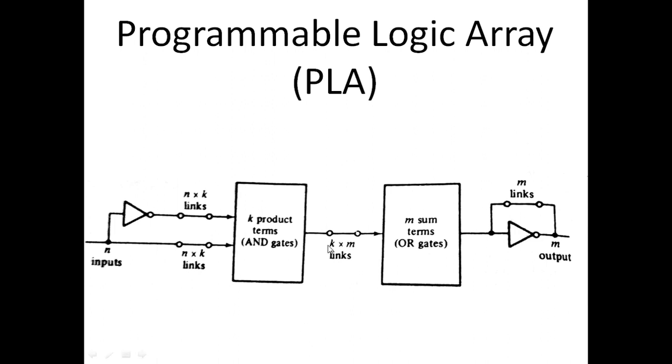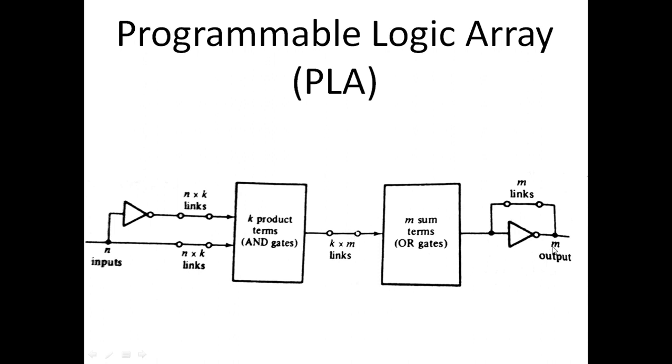Similarly, if there are k products and m sum terms or OR gates, then between these two blocks there are k cross m links which can be broken, which can be programmed.